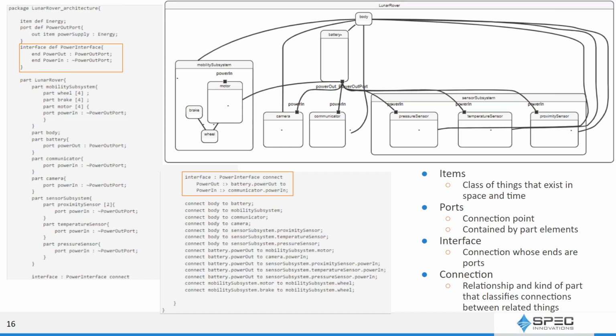You can see here that battery dot power out is a dot notation to access that port through the specific entity battery. That's just a good way to access those things within a decomposition, and that's used throughout the language as well.